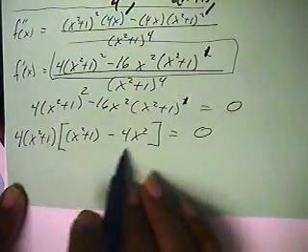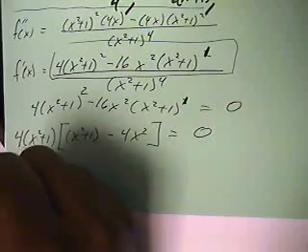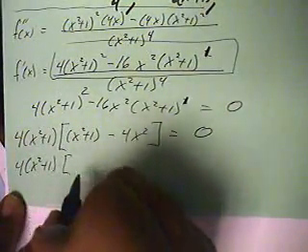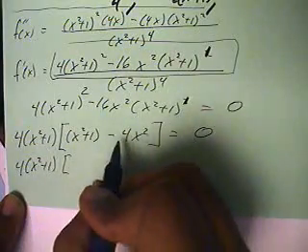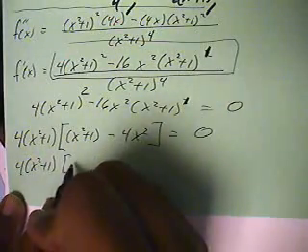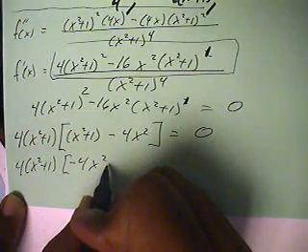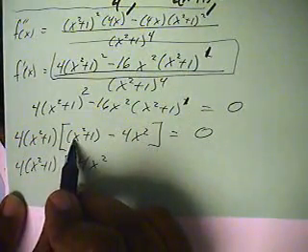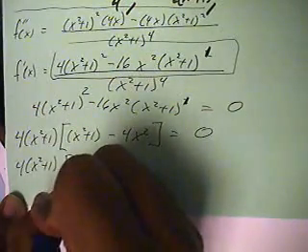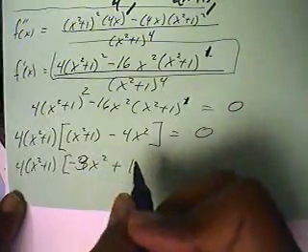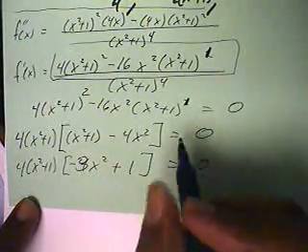Let's start cleaning this up. So 4 times x squared plus 1, and inside we'll get 4x squared added to the x squared here, which is negative 3x squared, plus 1, equals 0.